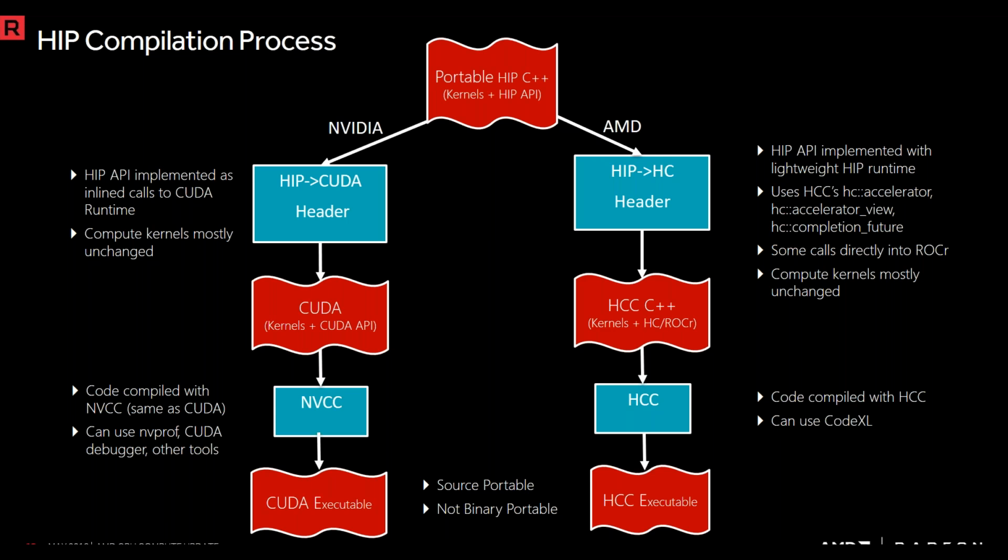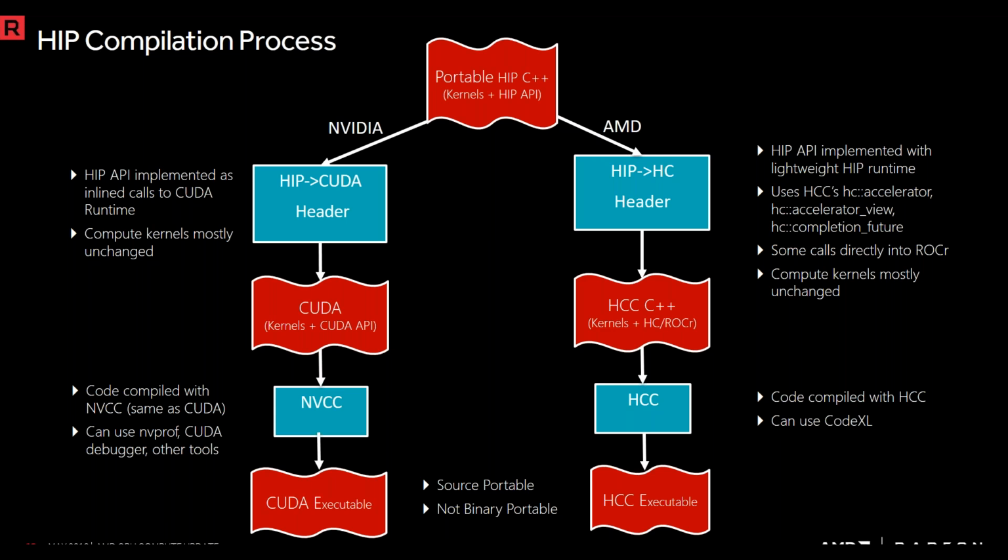Similarly, on the AMD side, on the right hand side, you include the HIP to HCC header, with which the API is implemented. In this case, we implement a small, lightweight HIP runtime, which calls our HCC compiler constructs like HC accelerator, which will create the device, logical device, GPU accelerator, and then the accelerator view and then completion.